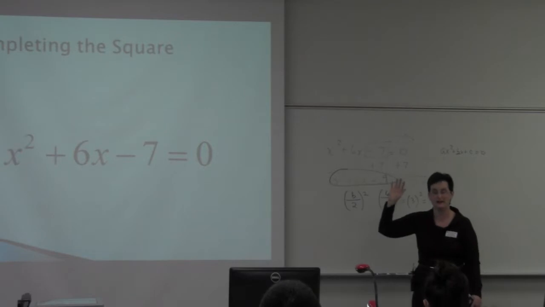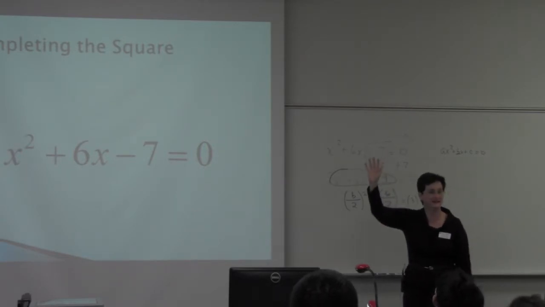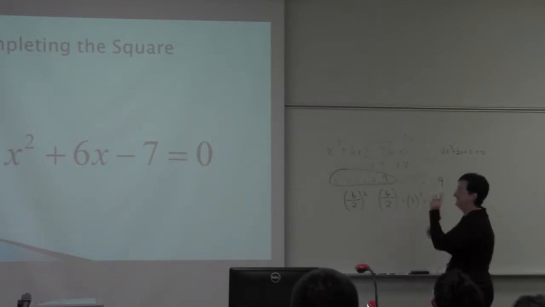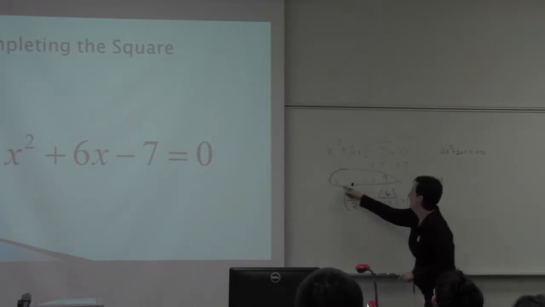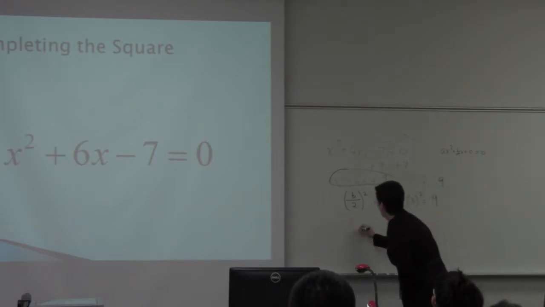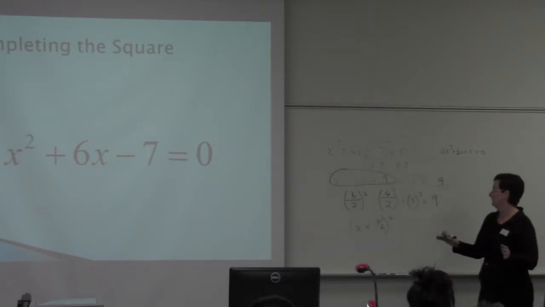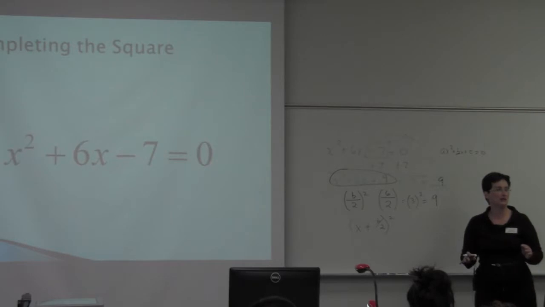For those of you who are like, okay, I haven't done that in a while, who wants a shortcut, right? All right, so the shortcut is every single time this perfect square trinomial you have created is always x plus b over 2 squared. I love these guarantees. You know, life doesn't work that way.